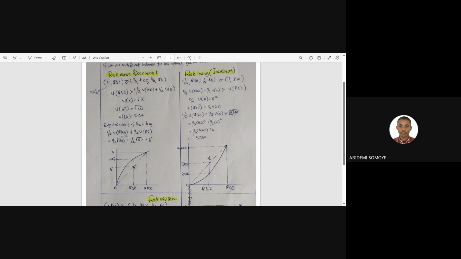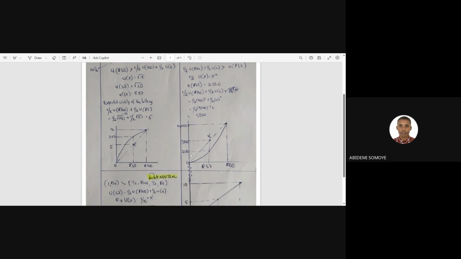The value of playing the lottery. That means that 5,000 is greater than 2,500. So that shows you that that investor, or that individual, is risk loving.